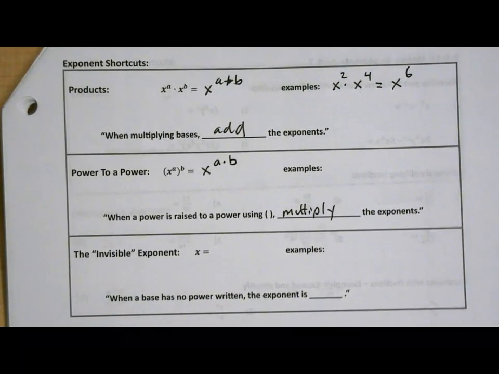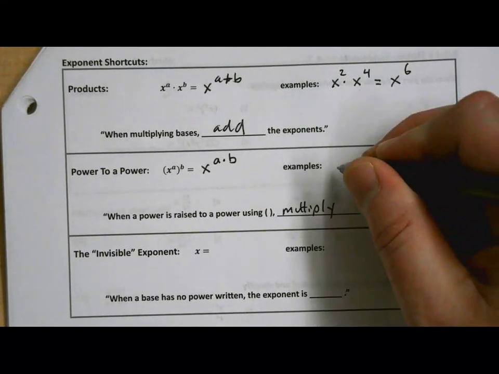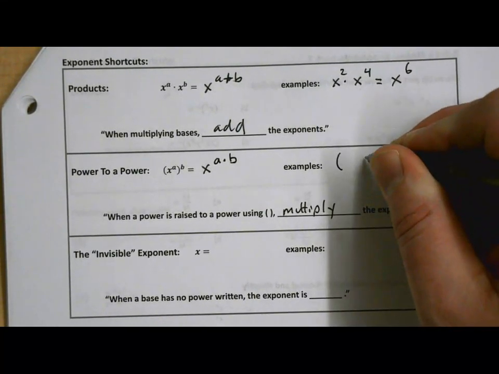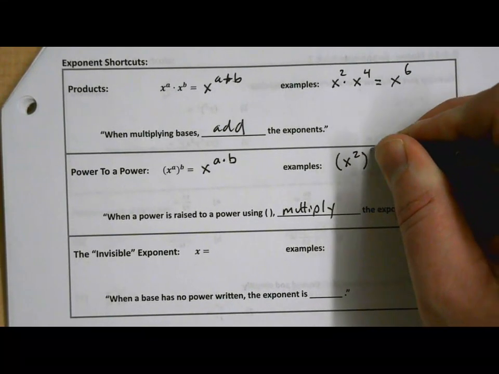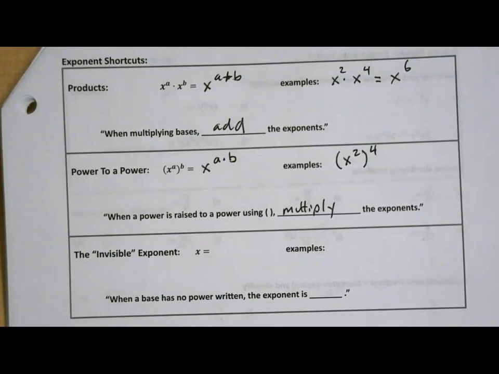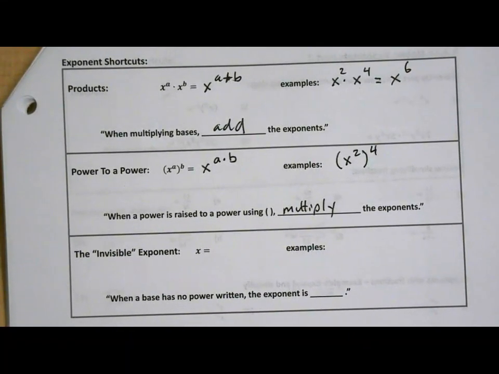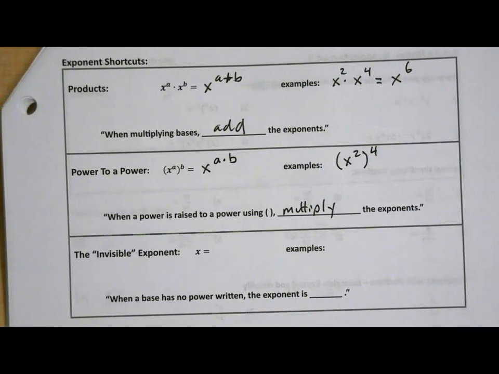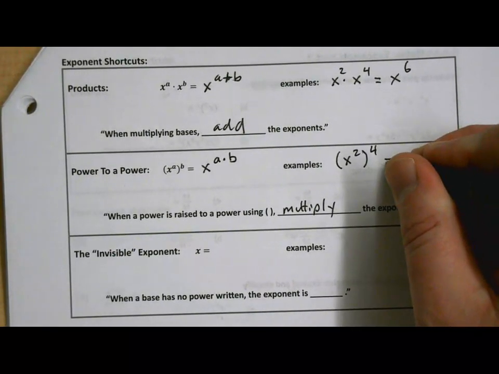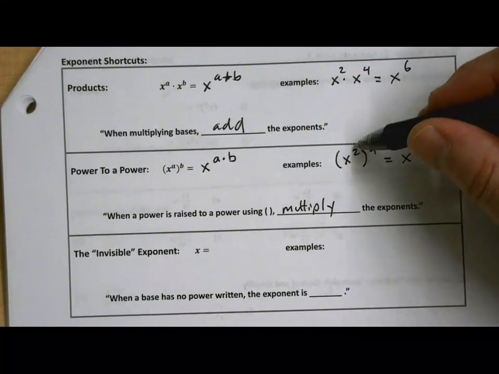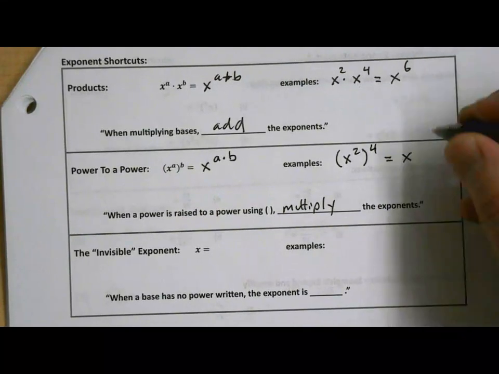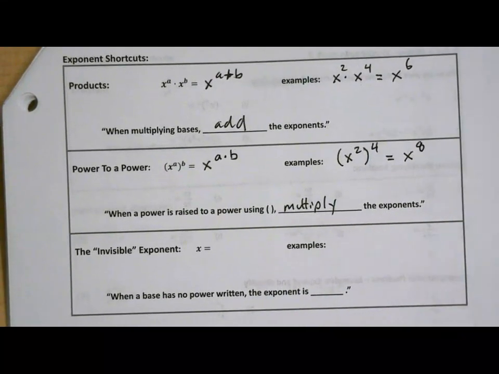Why not? Let's set it up, but we're gonna use it in a different situation. This time we've got parentheses. So we'll have x with a 2 on the inside and a 4 on the outside. And this time our answer is not x to the 6th, it's x to the 8th. 2 times 4 is 8.